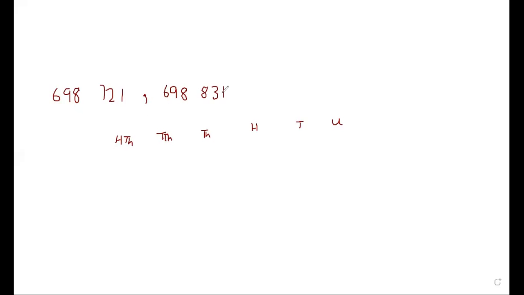We always start from the right side. I'm going to write the first value in a place value chart.